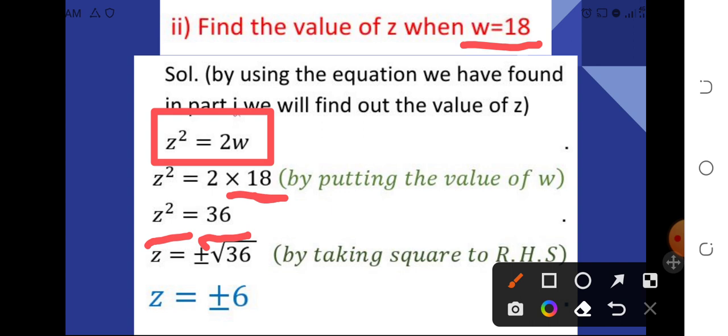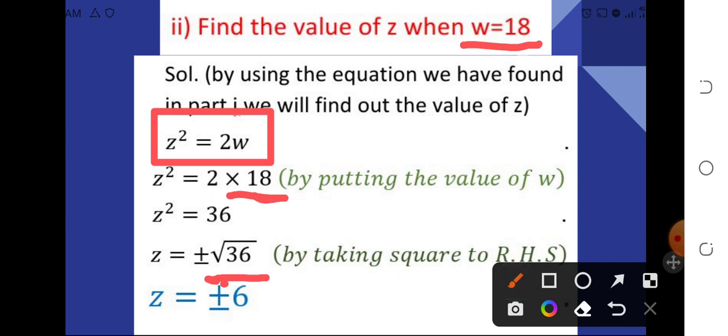By taking the square to the right hand side, the value will come under the radical sign, and it will be plus minus the square root of 36. Why did this happen?